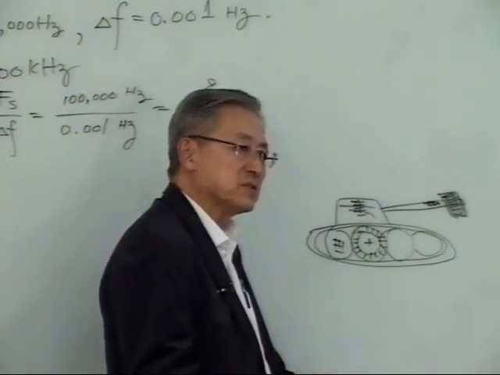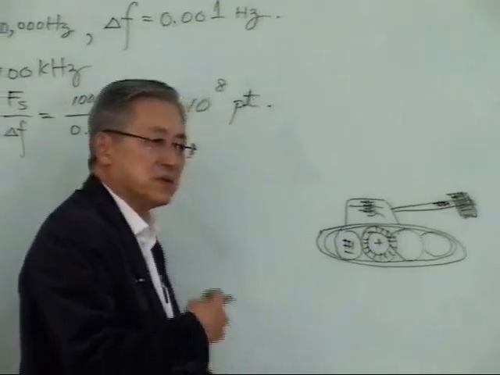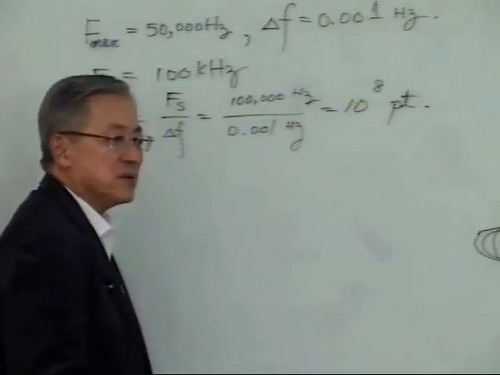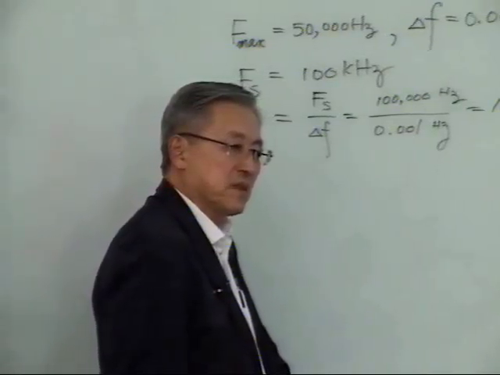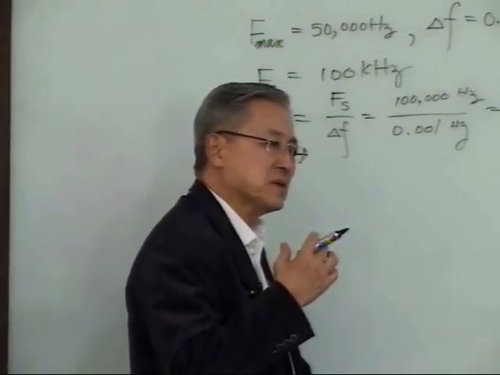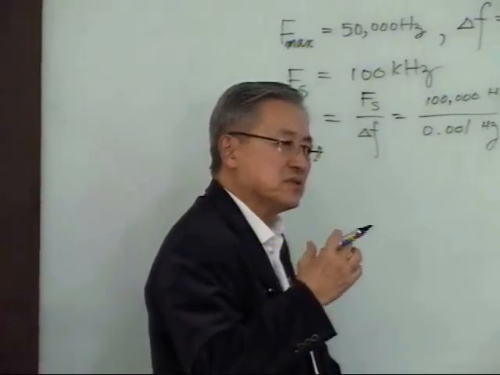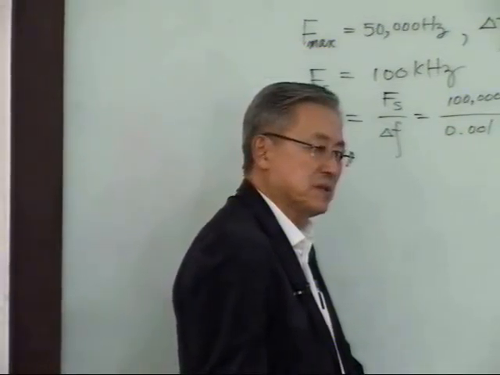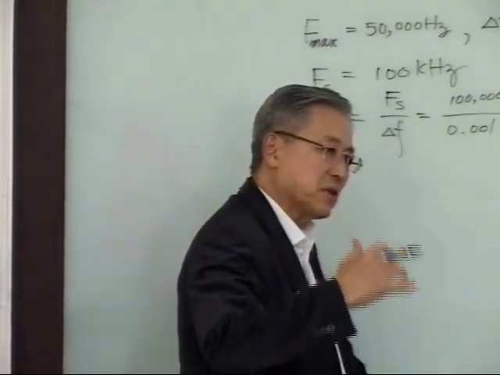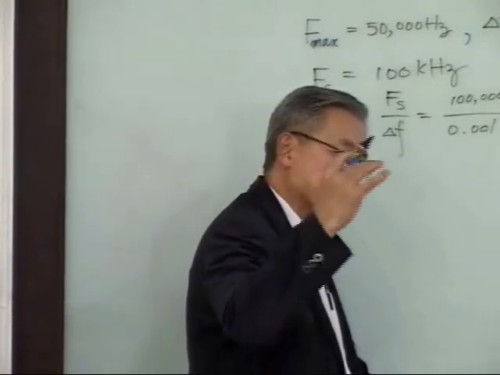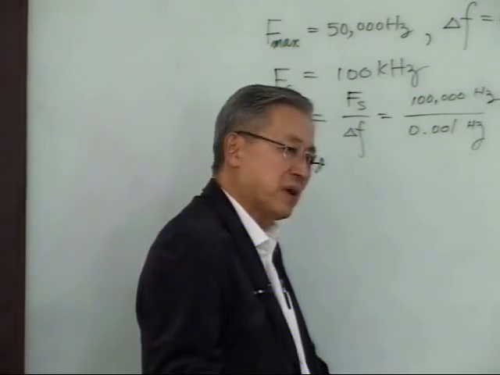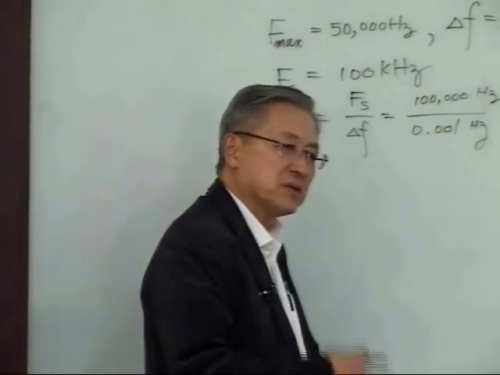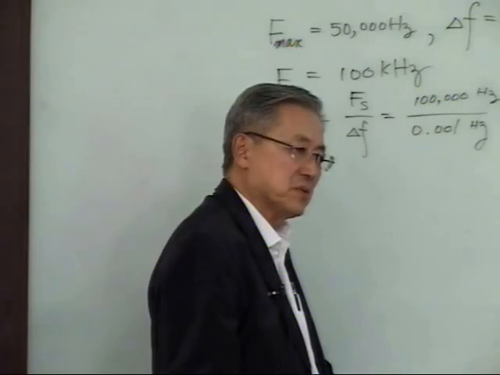That's your responsibility. You may not need 50,000 hertz. 50,000 hertz is really in the acoustic range. It's not for equipment range. So a mechanical engineer may not need 50,000 hertz.